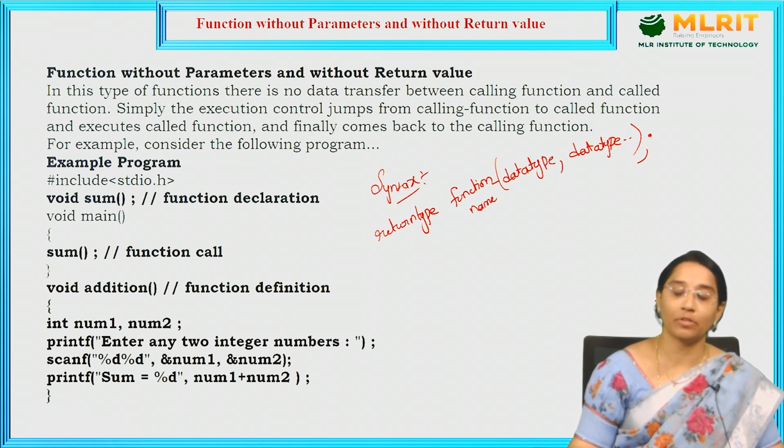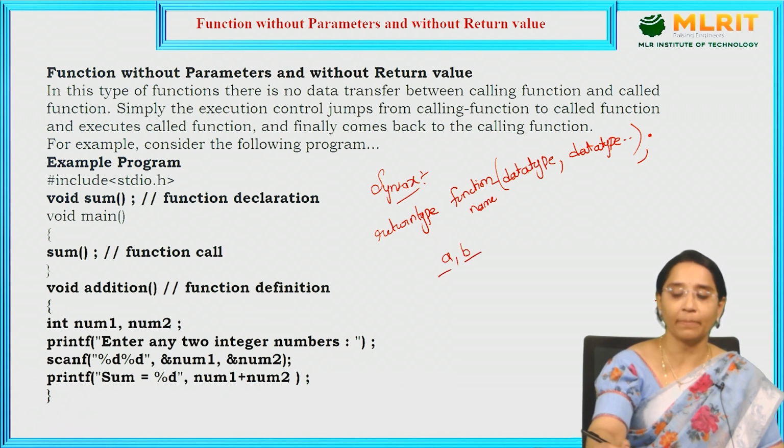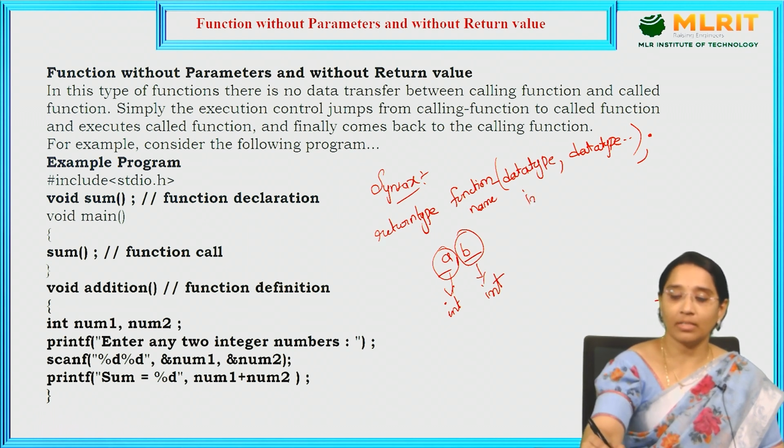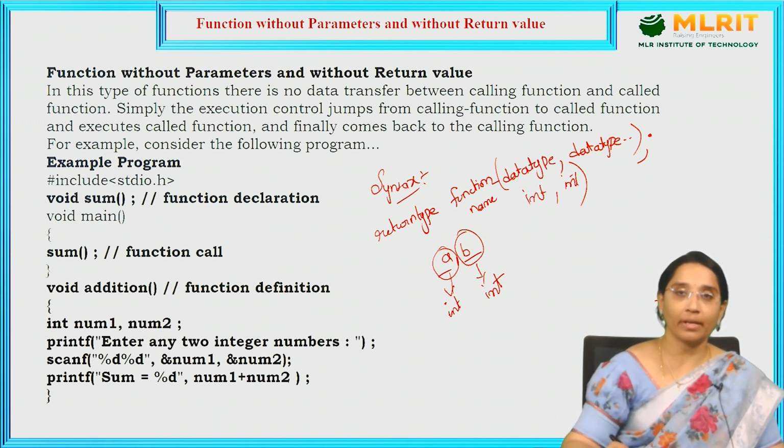The inputs I need to calculate the sum of two numbers are A and B, my two inputs. What are the data types of these two numbers? A is an integer. I am calculating the sum of two numbers on integers only. So my two data types are int and int, just int comma int. Only the data types will be passed, and the variables' data types will be written here.